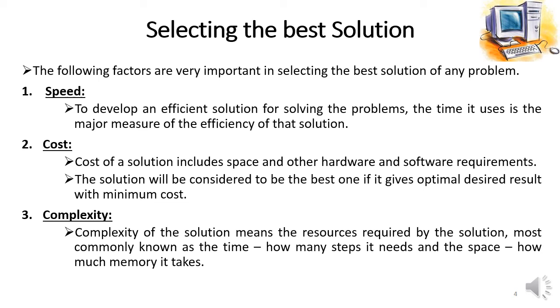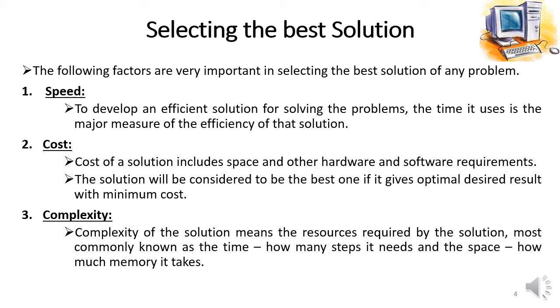Second, complexity measurement is how many steps it needs, and the space means the memory space that the solution will occupy. So the number of steps and the memory space that a solution occupies is also a measure of complexity.